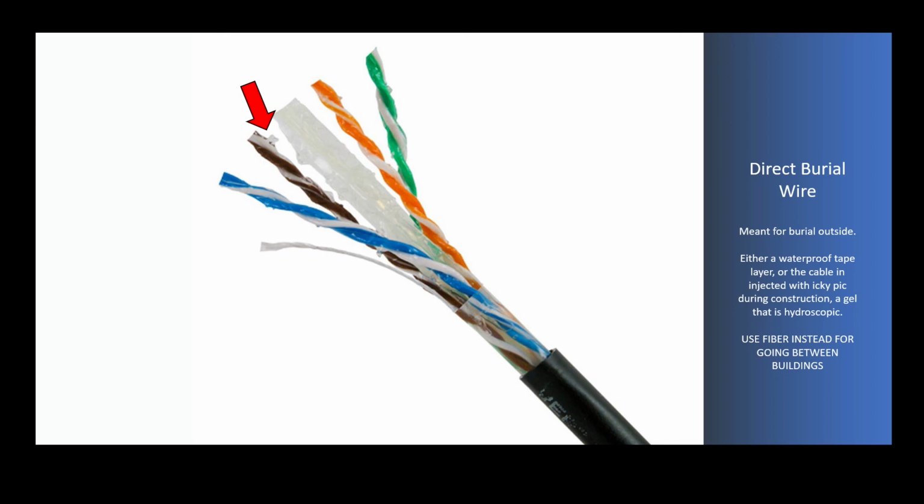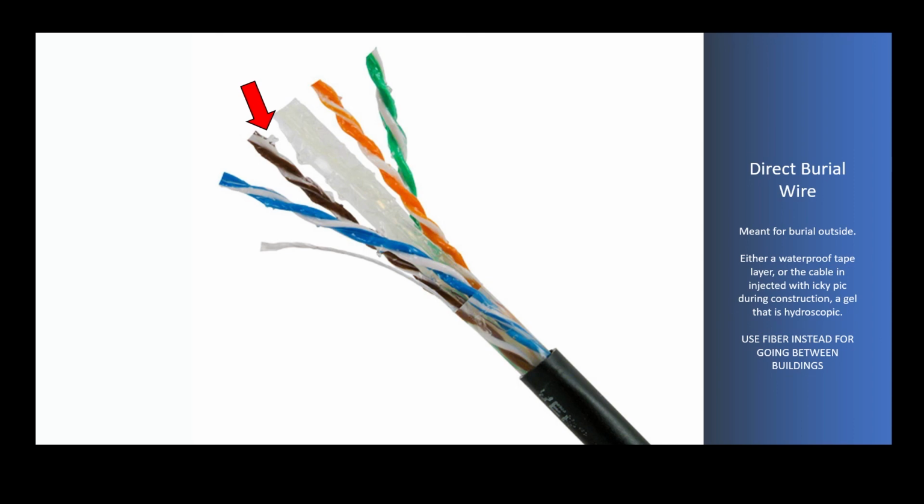Whereas with Ethernet, you're opening up an attack surface, so to speak, from lightning. It's not the end of the world, especially if you bury it deep, but copper is always susceptible, so it's better to do the fiber anyway. That way you can upgrade the bandwidth links on either end. But if there's some reason you need to do direct burial Ethernet, this is the kind of cabling you'll run into.